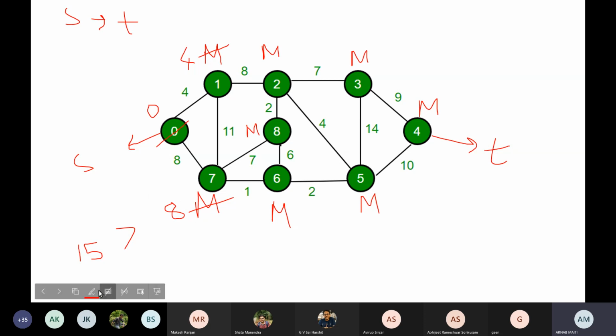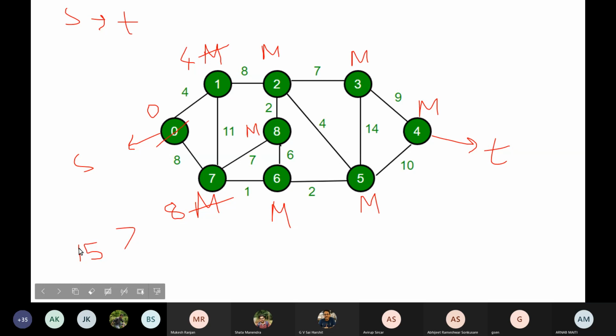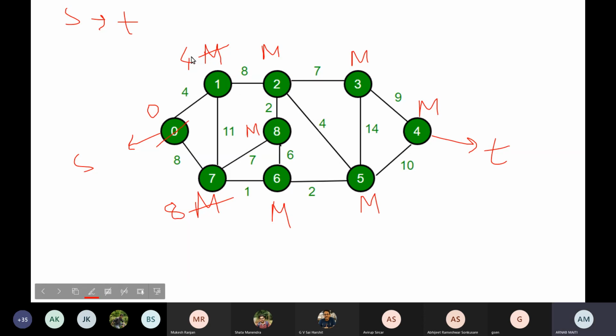We'll keep it as it is. Now observe that 4 plus 8 is 12, which is less than M. So we'll replace it by 12. Since we have explored both of its neighbors, we'll strike out this one.